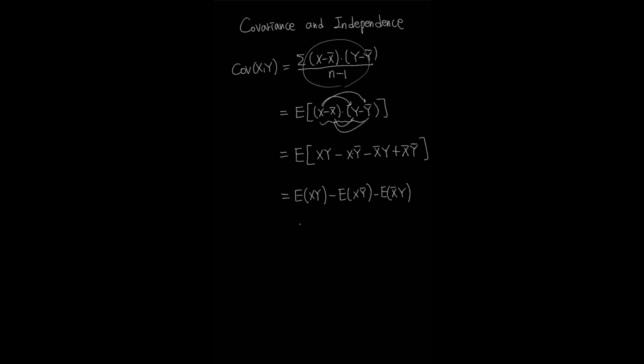plus the expectation of x bar y bar. And we know that x bar and y bar are actually constants here. We're talking about a certain sample, so we already have the actual data of x and y, and we can get x bar and y bar, which are the x mean and y mean.